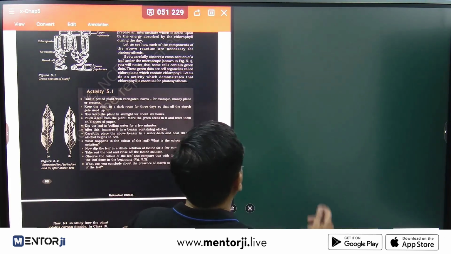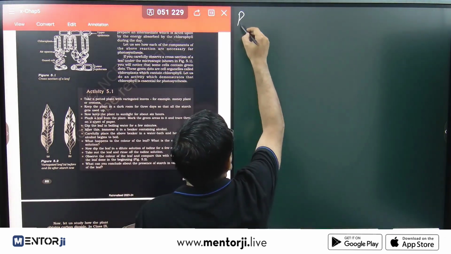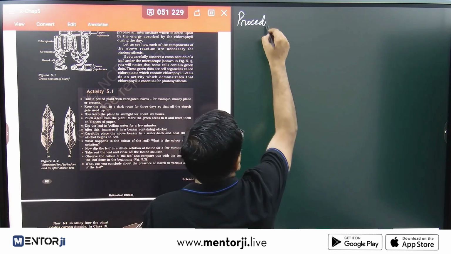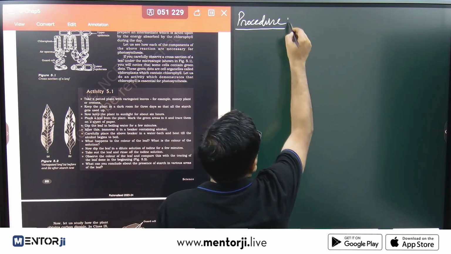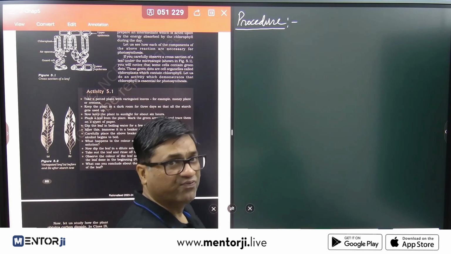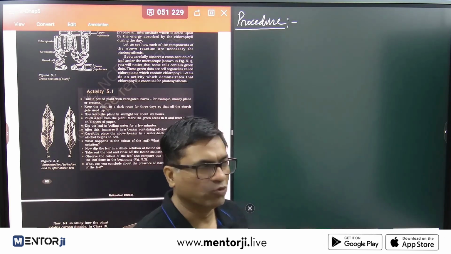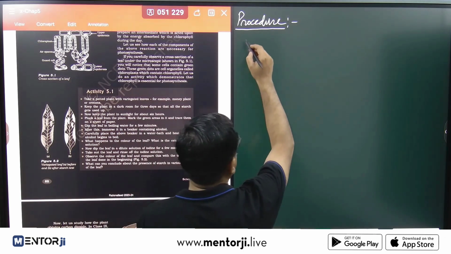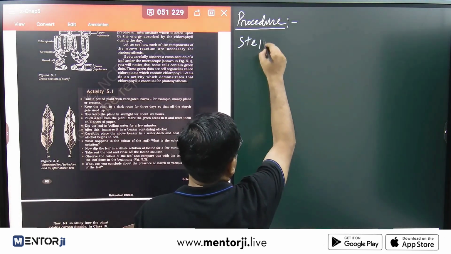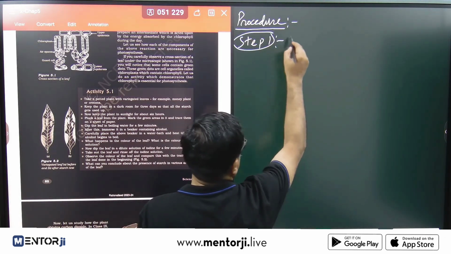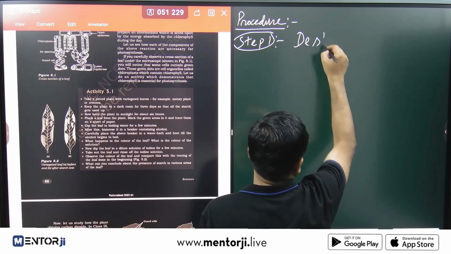Next is the procedure. The very first step of each and every activity related to photosynthesis is de-starching. So step 1 is de-starching.